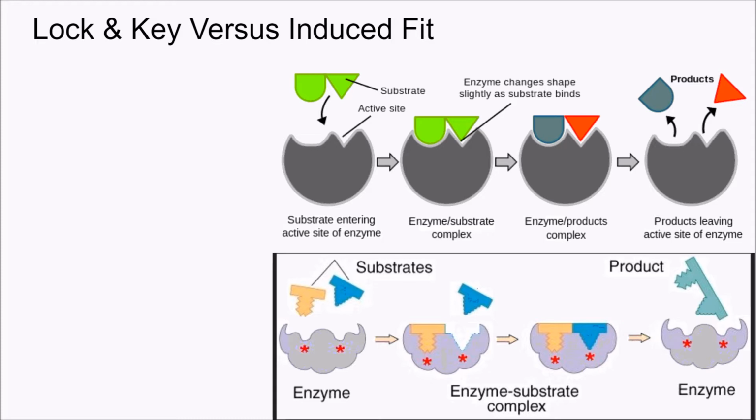When the substrate binds, though, the active site of the enzyme changes as the enzyme's conformation changes, and it actually has a tighter, snugger fit to the substrate. So notice that when you look up at the lock and key model, there's some space and weird little spaces between the substrate and the enzyme. But in the induced fit model, there's not. So it's a perfect fit. And this is how enzymes retain their specificity. It does not, however, mean that that enzyme could just glom onto any substrate. It still has specificity one way or another.